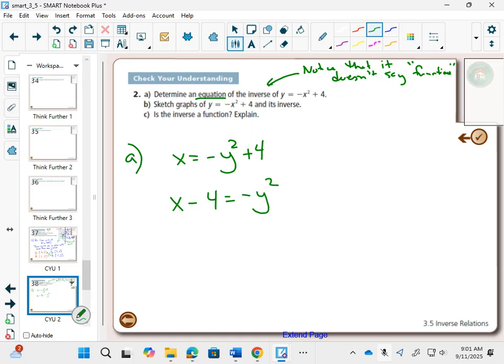I can multiply everything by a negative to get the y squared by itself. And then to get y by itself, I have to square root, and we have to remember when you square root both sides, you get plus or minus the square root of negative x plus 4.